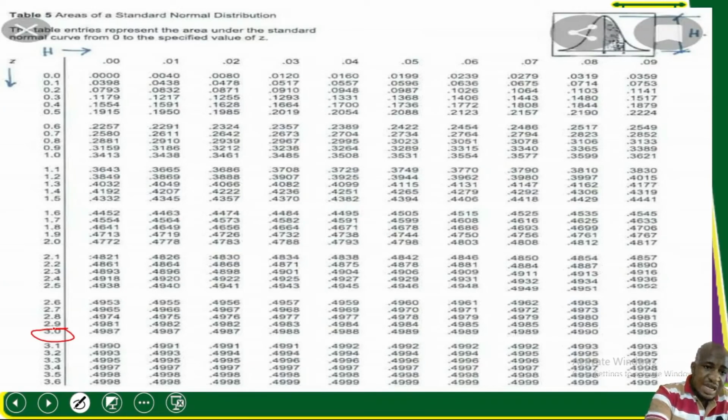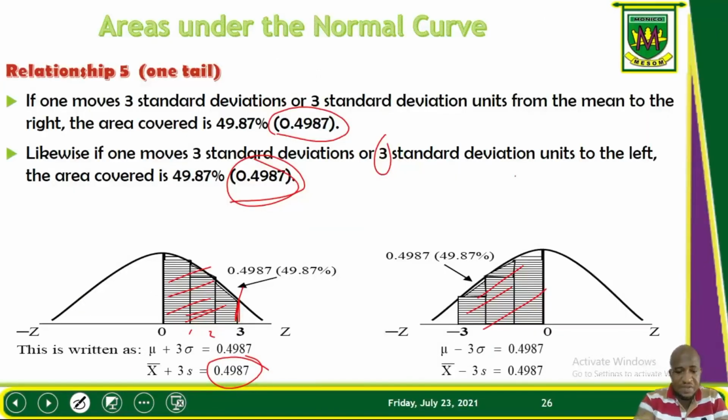And under the 0.00, we can see the corresponding value to be 0.4987. That is what we just saw on the slide. So 3.0 or 3 standard deviation units can be read from the table directly. Let's take note of that too.